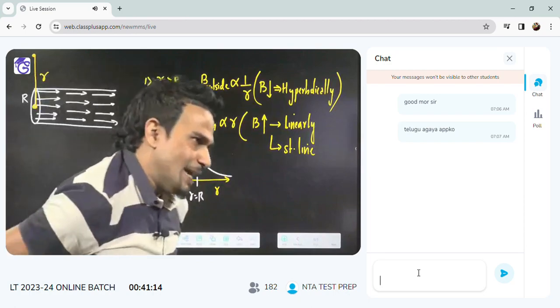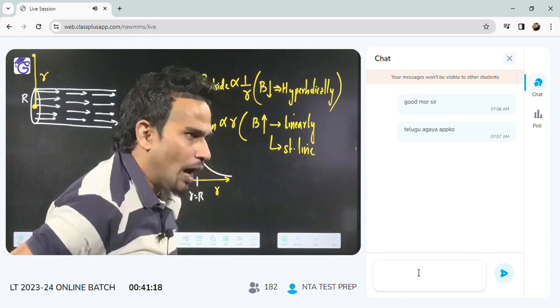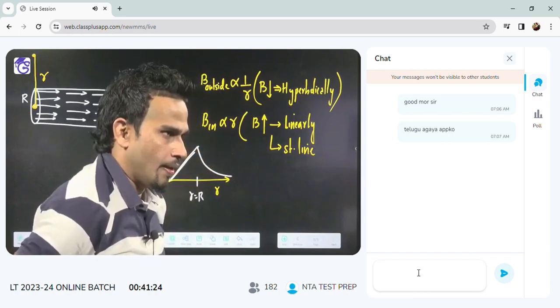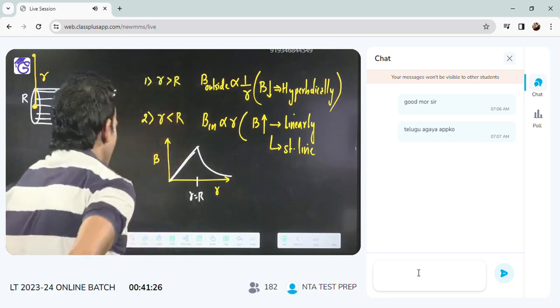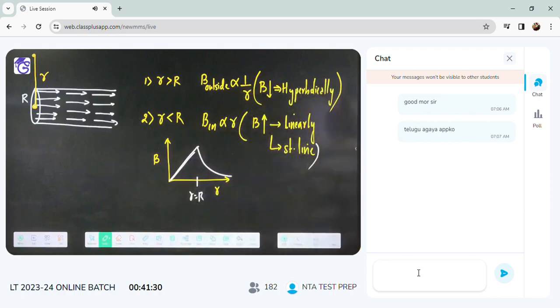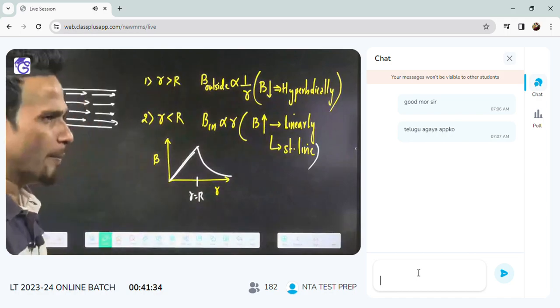Inside directly proportional to r, outside inversely proportional to r. So that's why the graph will come like that, same as the graph of the solid sphere, if you remember.